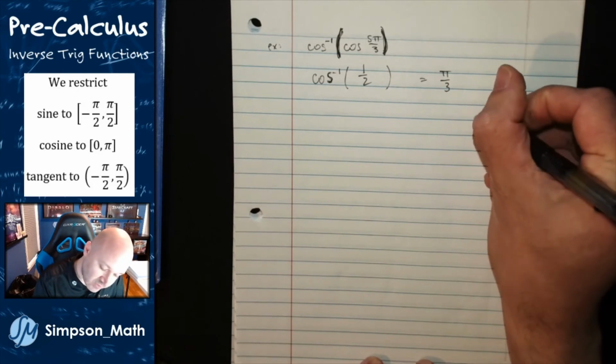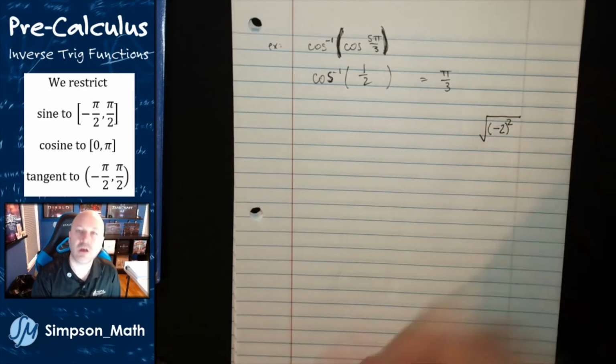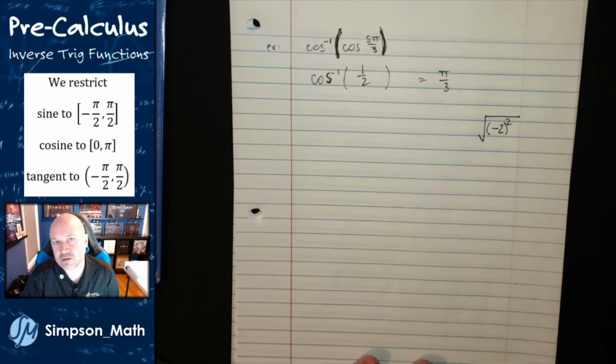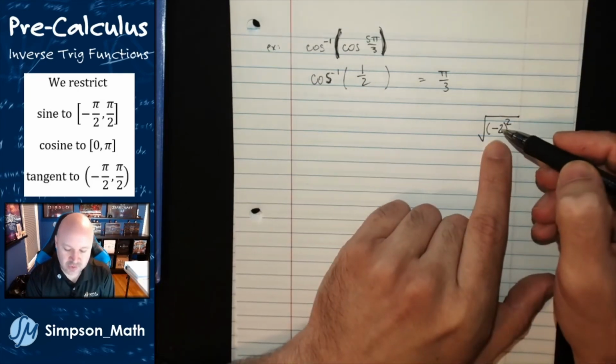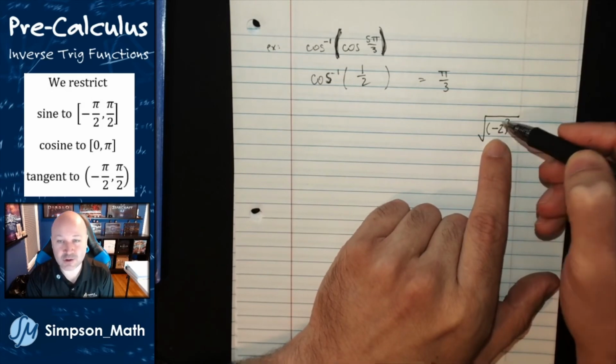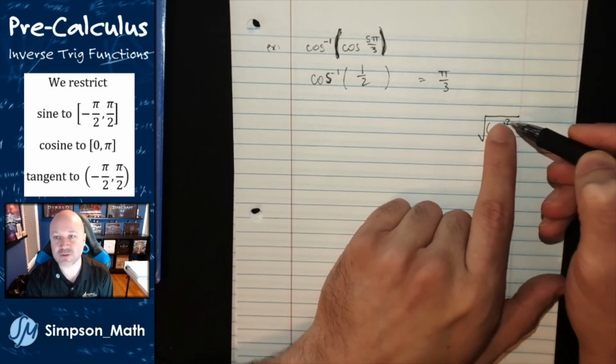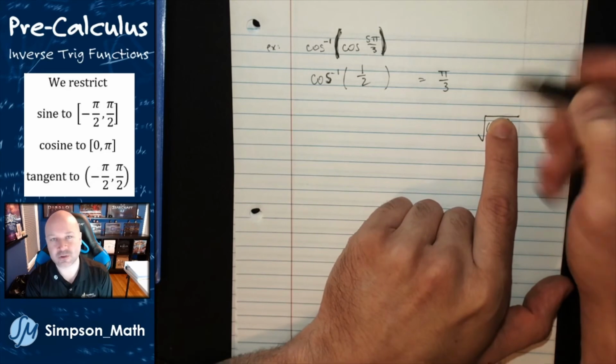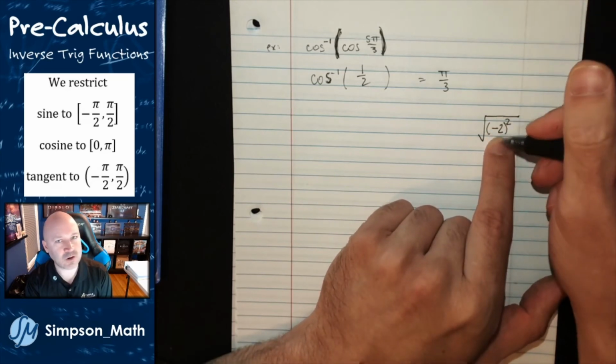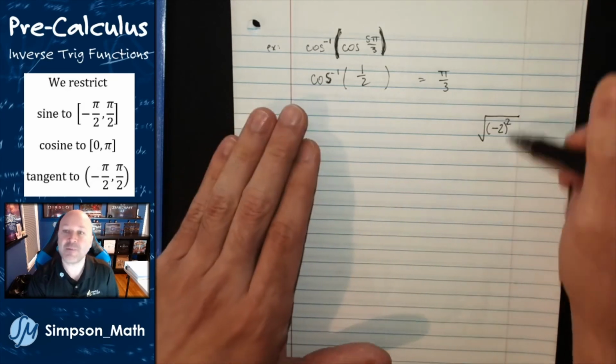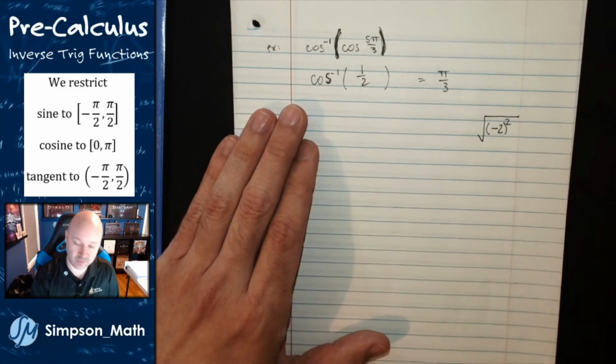Let me take the square root of that 4. Well, all of a sudden I got a problem. The square root of 4 is 2. I mean, yeah, technically it's also -2. But you see there's a problem. I started with -2, but if I take -2 and square it, I get 4. The square root of 4 is 2, not what I started with, -2. And that's because there's a domain restriction with the square roots as well.